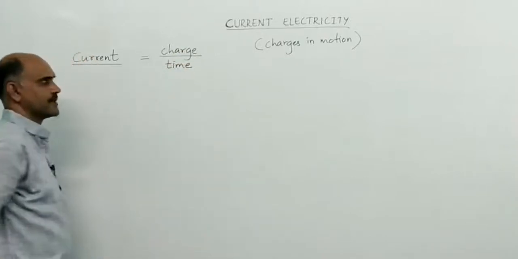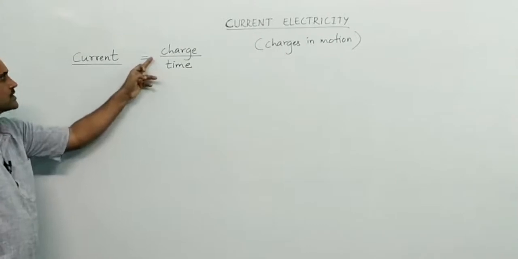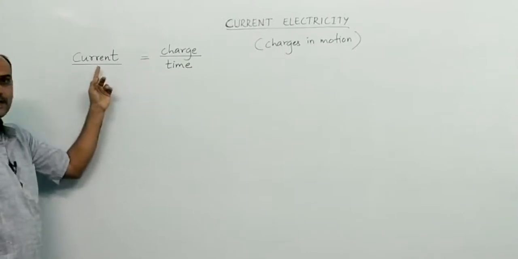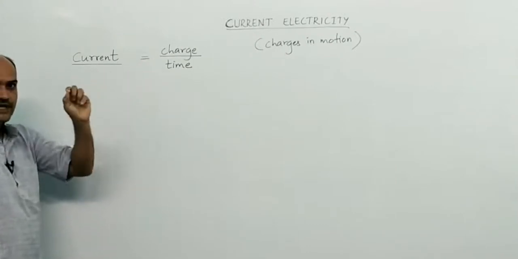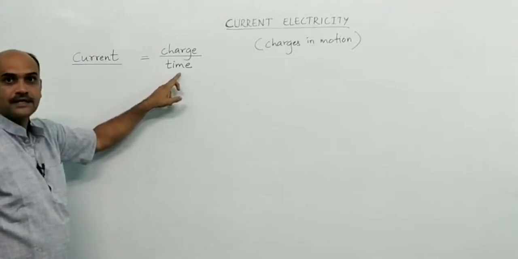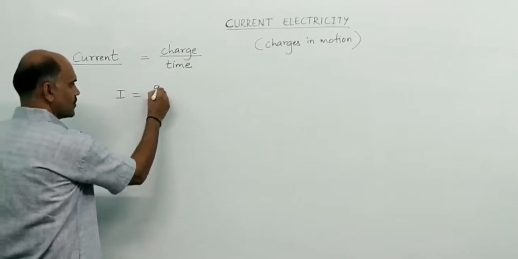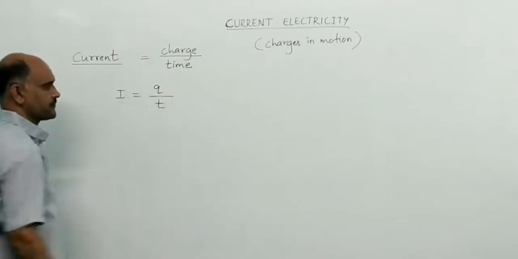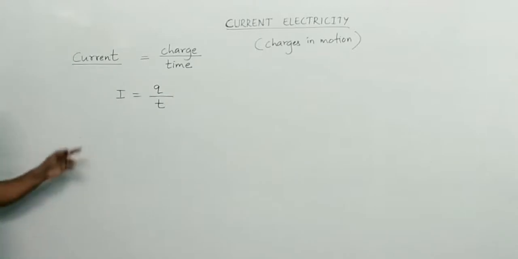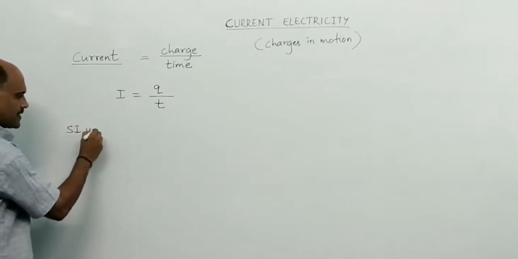Whenever we say there is a rate, then always you will have time in the denominator. So I is equal to Q by T.